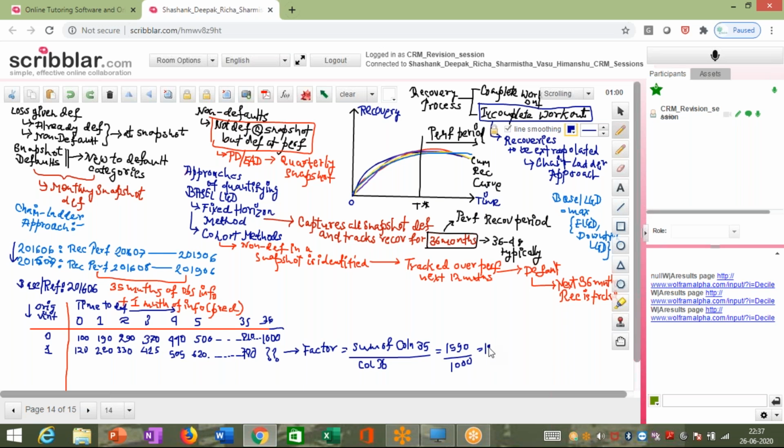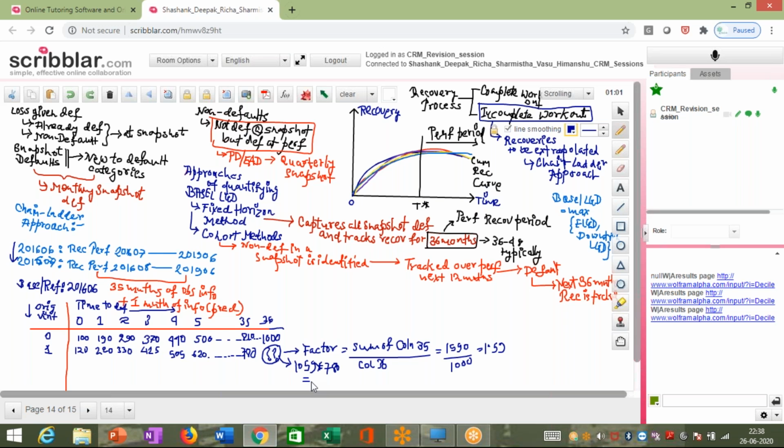So that is 1.59 times is the multiple. So this value that is here is nothing but 1.59 times 780. So whatever that figure is, the recovery is the projected or the extrapolated recovery of the 36th month.